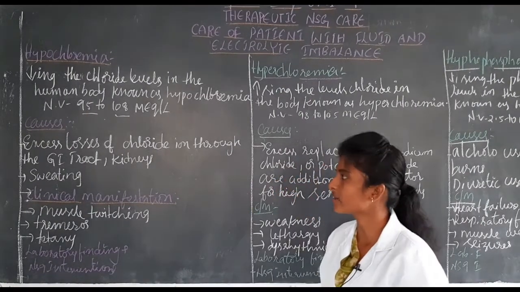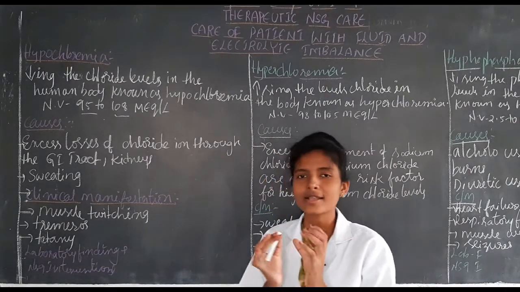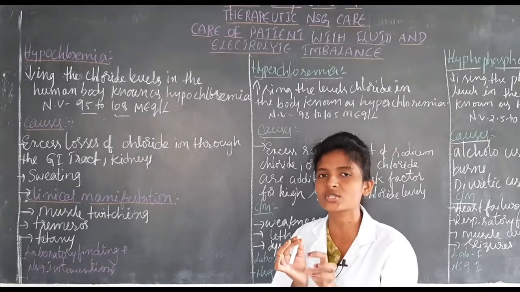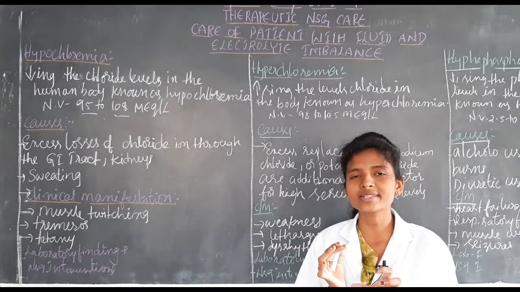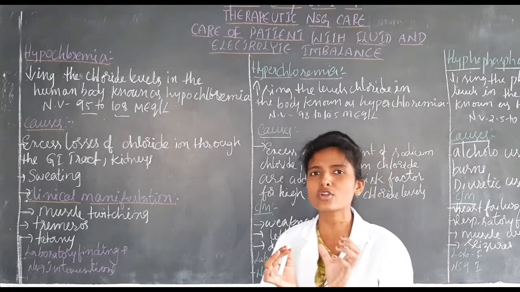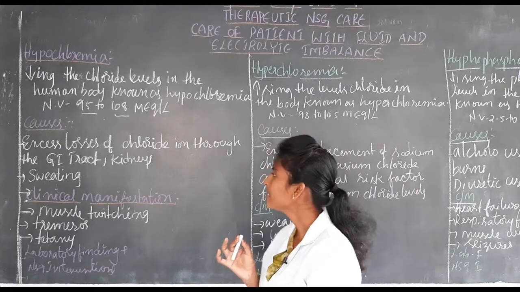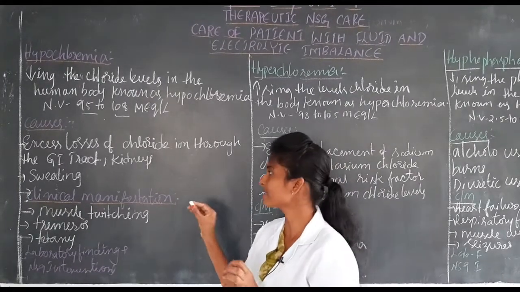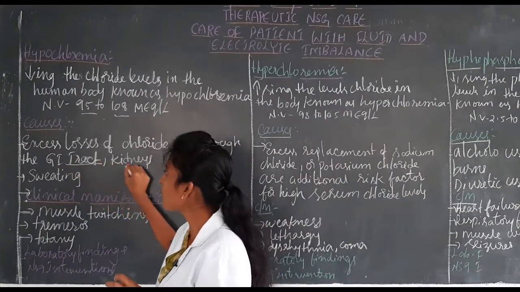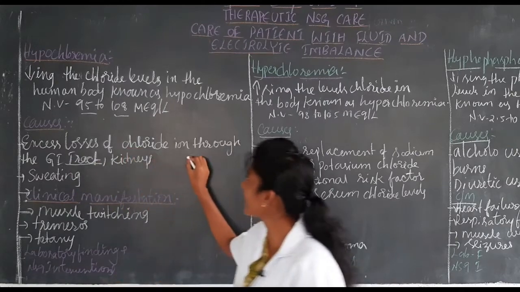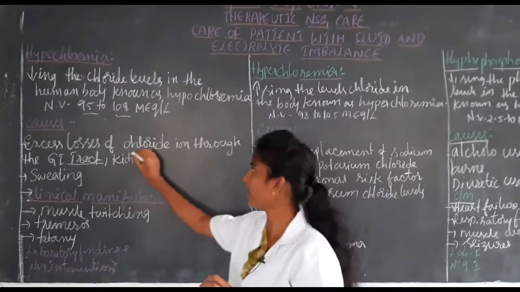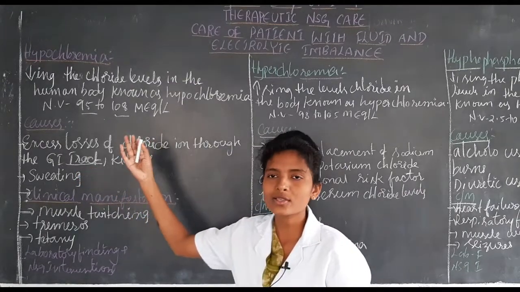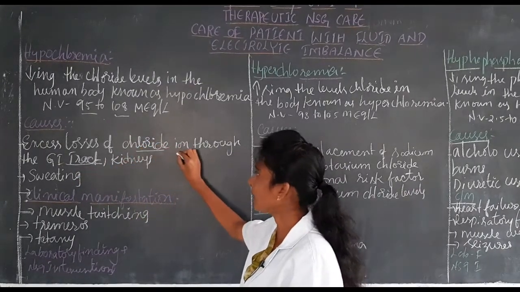Now the causes: excess loss of chloride. Most of this excess loss of chloride is from the GI tract. So from the gastrointestinal tract there is a chance to lose chloride. And next, from the kidneys also. Through these systems there is a chance of losing chloride ions.